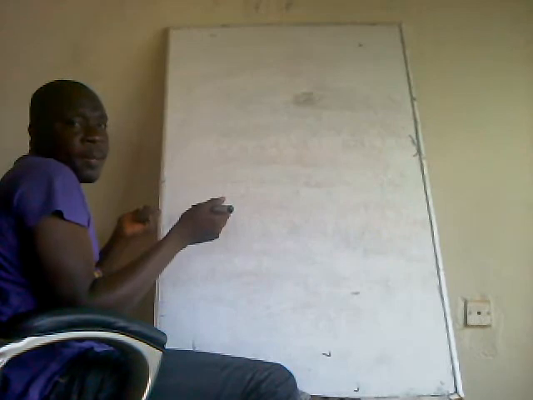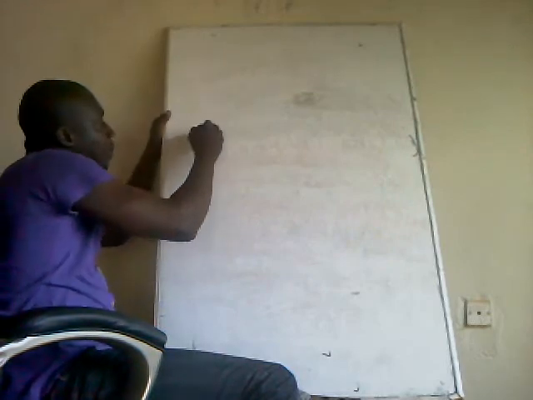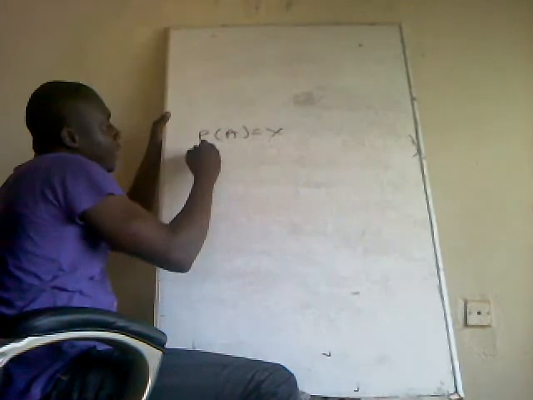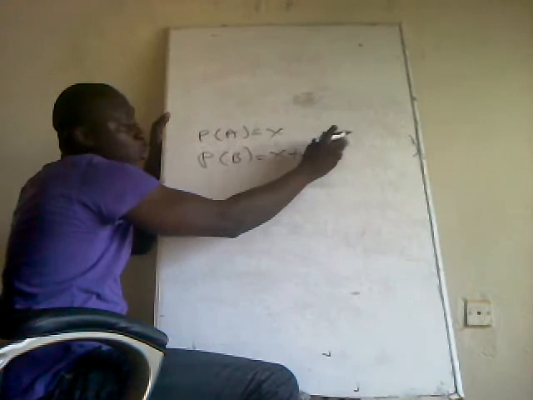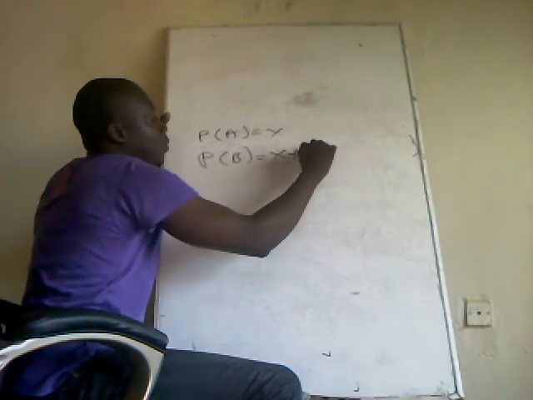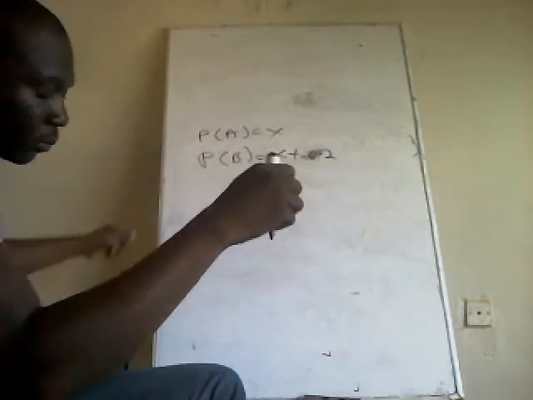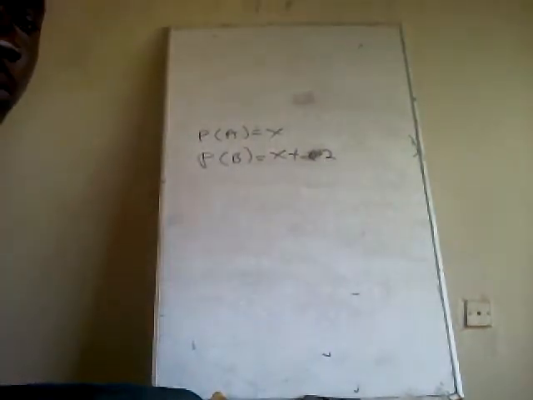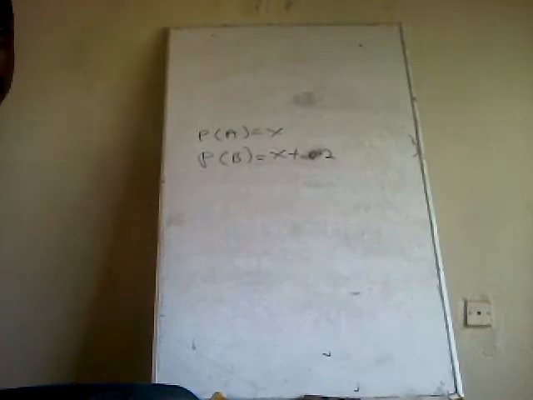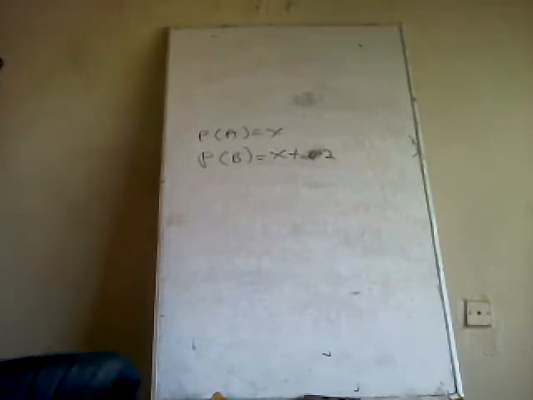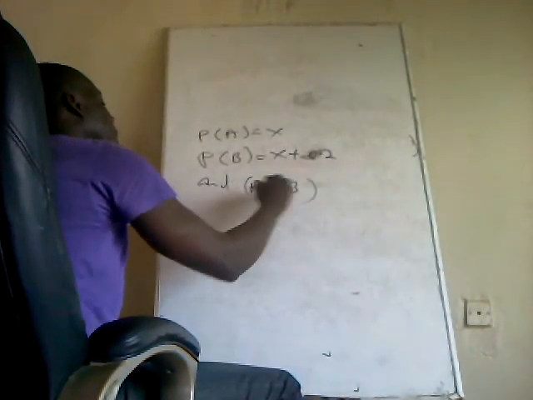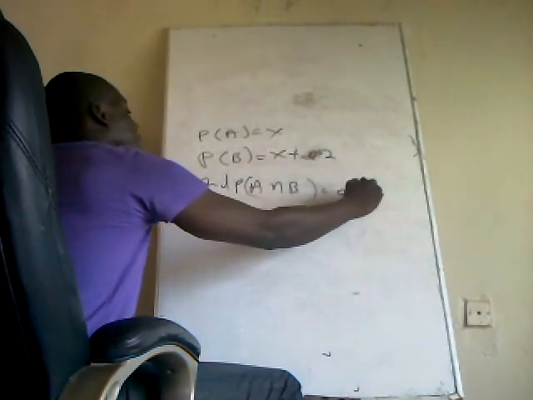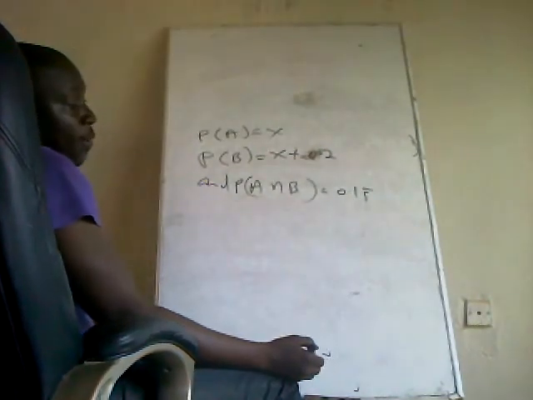Now, if A and B are independent, such that P of A is equal to X and P of B is equal to X plus 0.2, we are supposed to find the value of X. Okay, and the probability of A intersection B is equal to 0.15. We are supposed to find the value of X.